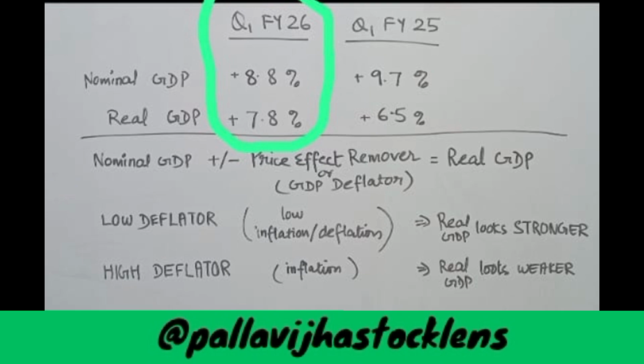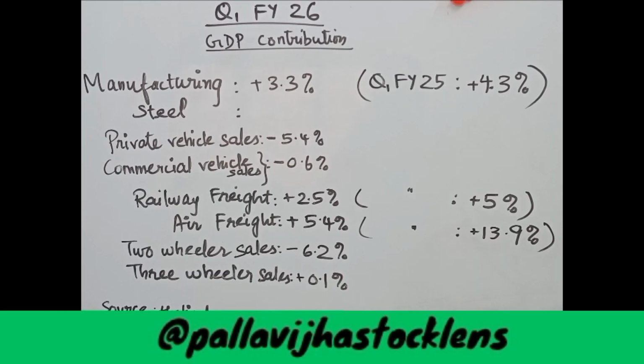Now coming to another issue, the manufacturing segment has grown by 3.3%, whereas in Q1 last year it grew by 4.3%. The steel segment has substantially declined this quarter, and private vehicle sales have declined by 5.4%. Commercial vehicle sales are down by 0.6%.